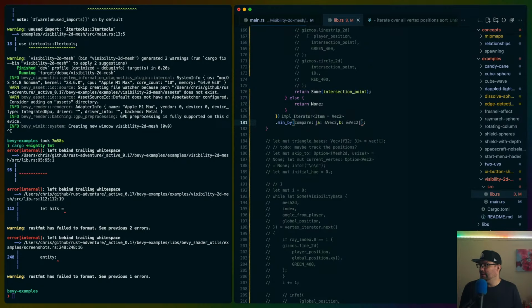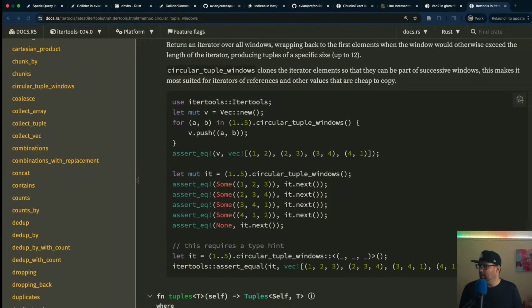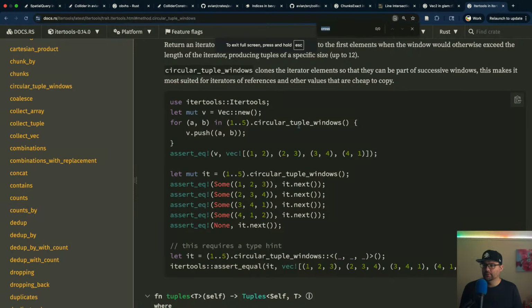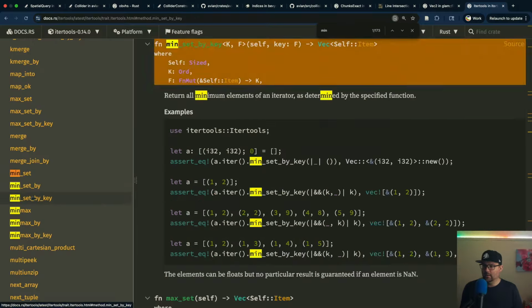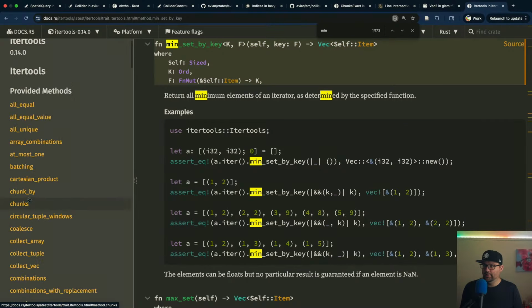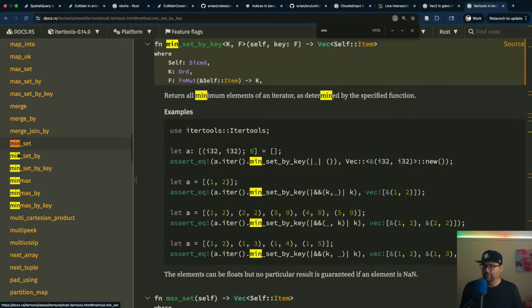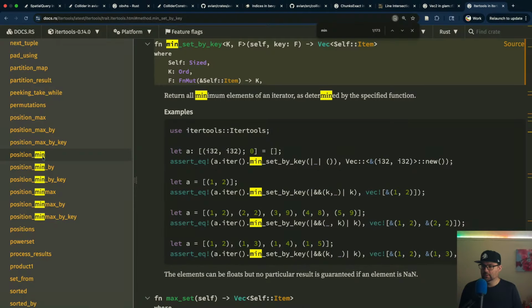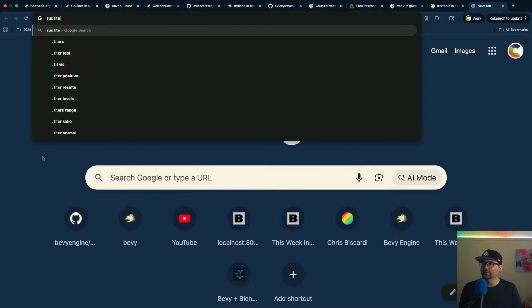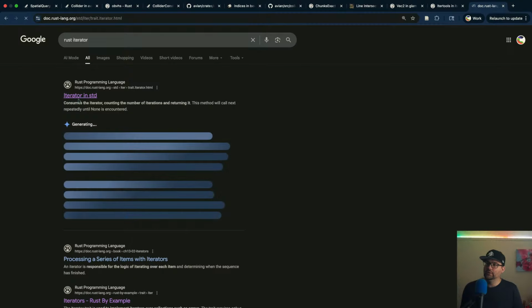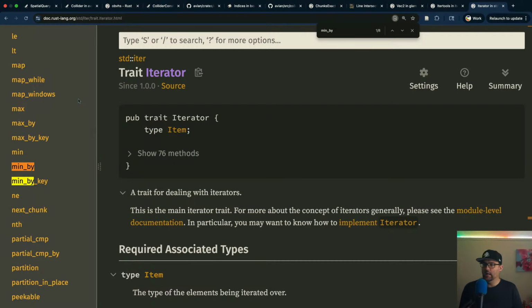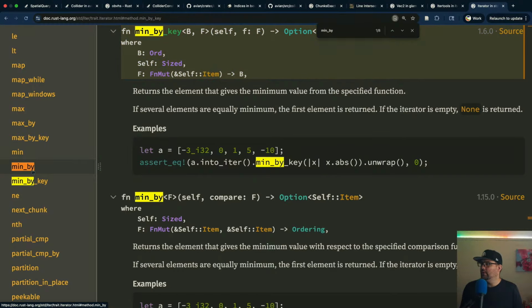Does it need to be AB? Is this accurate? I don't know if I want min by. Let's check itertools. Min by key. Why does that not have min by key? Rust iterator must have the min by. Rust iterator. Min by key. I don't really want min by key per se. Oh yeah, it gives me the opportunity to operate on it.